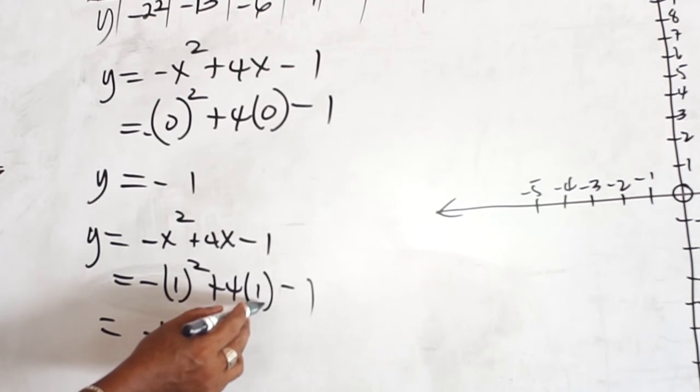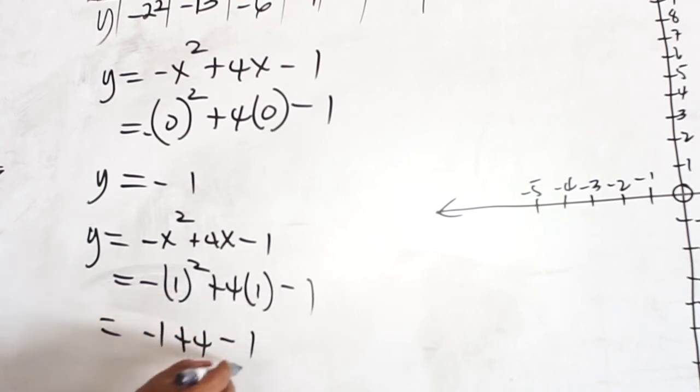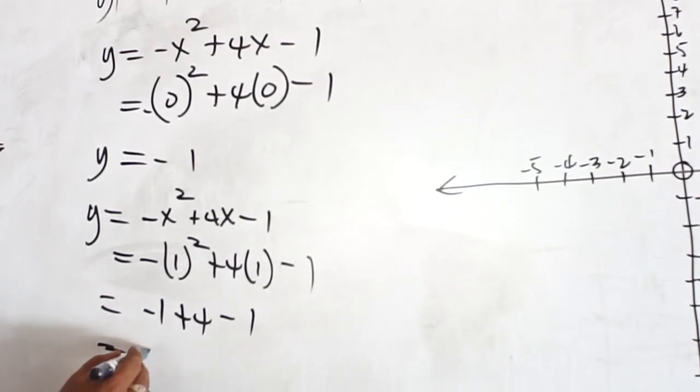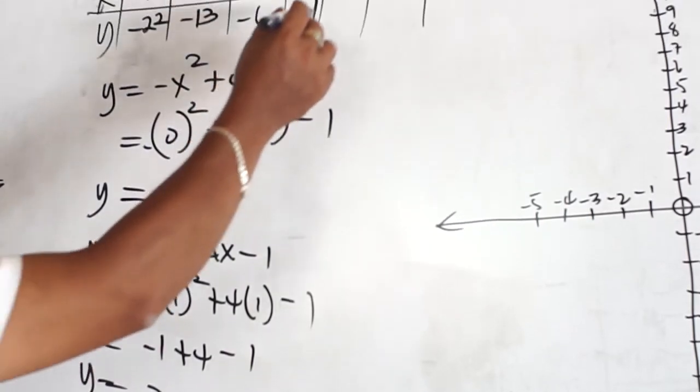Then positive 4 multiplied by positive 1 is positive 4. Then we have negative 1. So negative 1 plus positive 4 is positive 3. Then positive 3 and negative 1, we have positive 2. The value of y is positive 2.